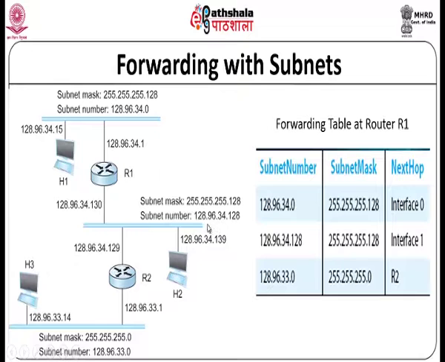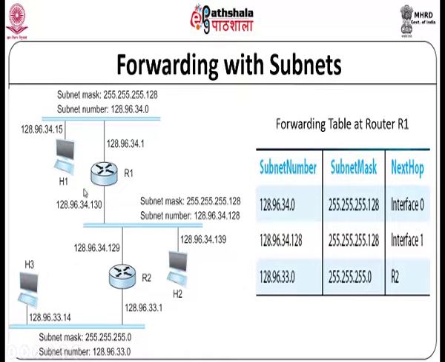That is, the first 25 bits are in common for both these addresses. This 128 indicates that the first bit of the last 8 bits is a 1, which means it is included as part of the subnet address.